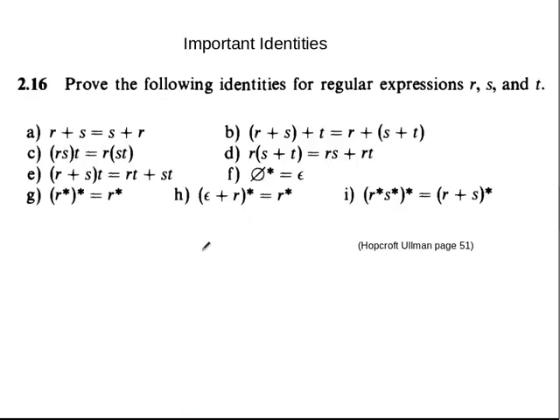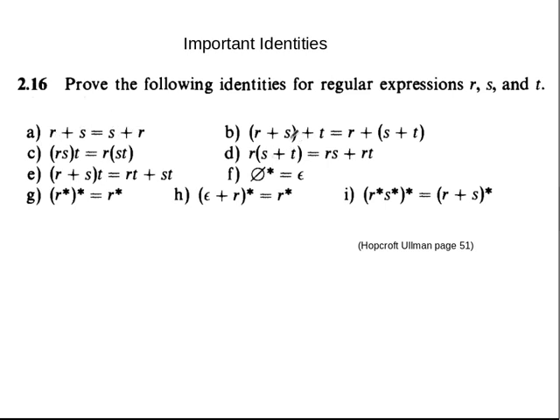So these regular expressions have some expected properties, and they are easy and boring to prove, but they are important because this looks like an algebra, right? So it's like this is the multiplication, and you see that this plus is actually commutative, right?